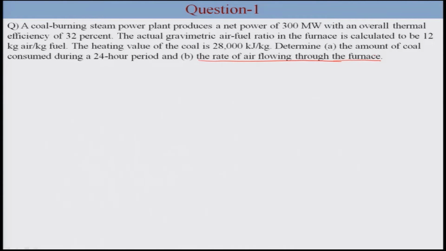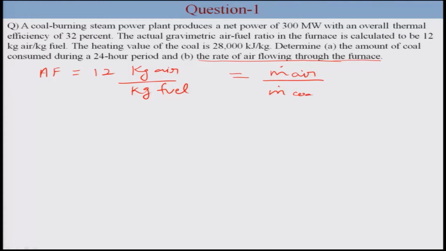In the second part we need to calculate the rate of air flowing through the furnace. As we know, the air fuel ratio is 12 kg air per kg of fuel, as given in the question. So this air fuel ratio is equal to the mass flow rate of air divided by the mass flow rate of coal.